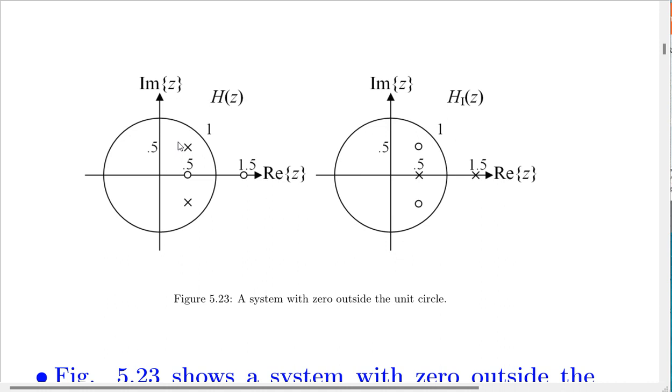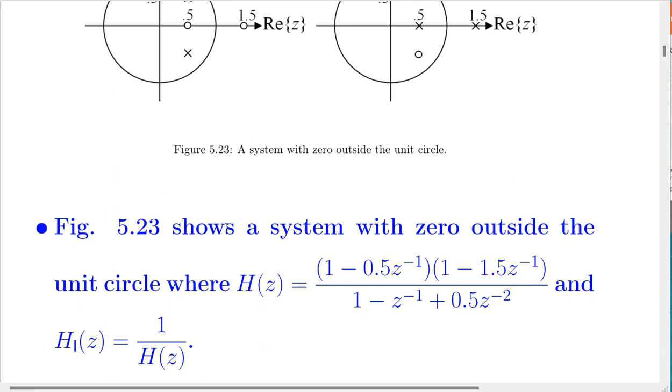And moreover, a complex conjugate pole has been converted to zeros, at the same location. So you are going to be familiar with the idea of inverse system or inverse filter.